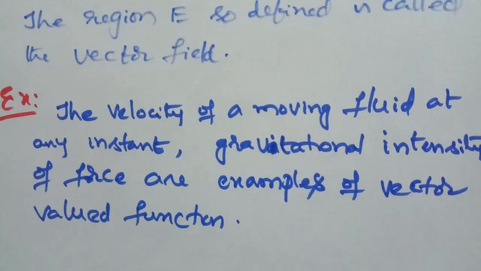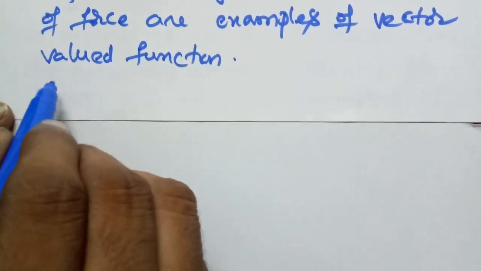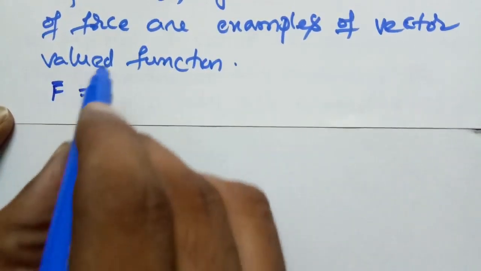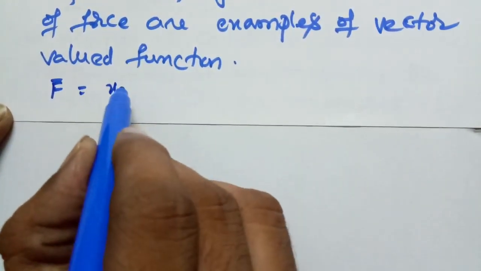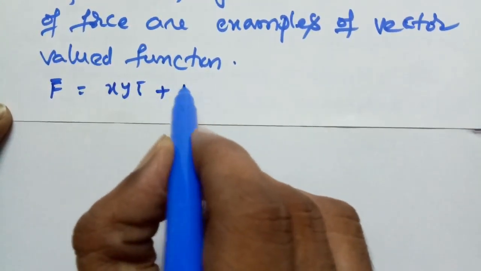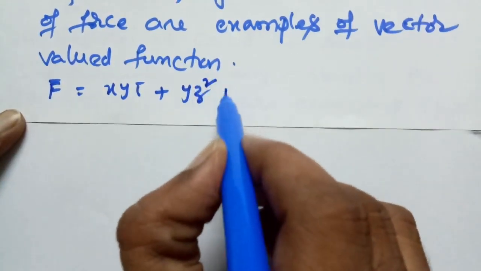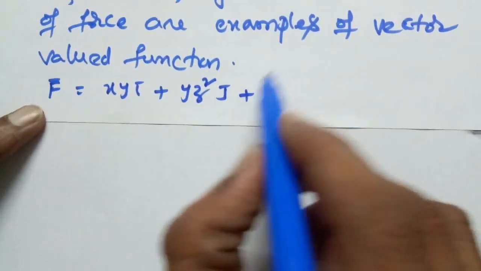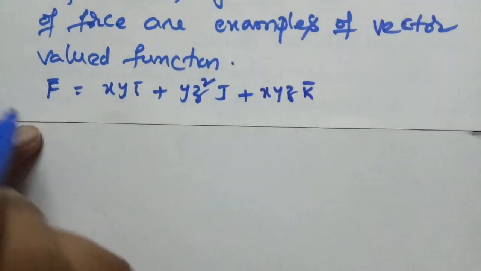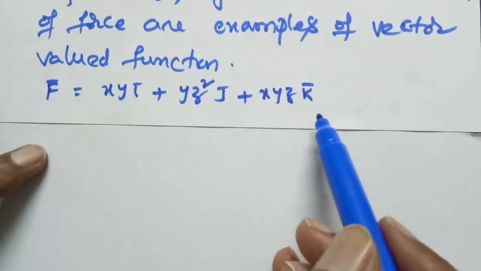For example, f bar is equal to xy i bar plus yz square j bar plus xyz k bar. This type of function is a vector valued function.